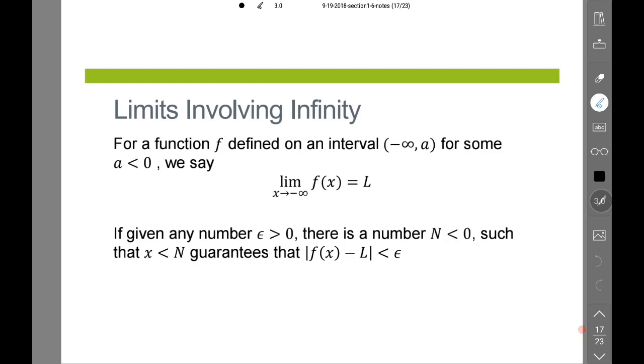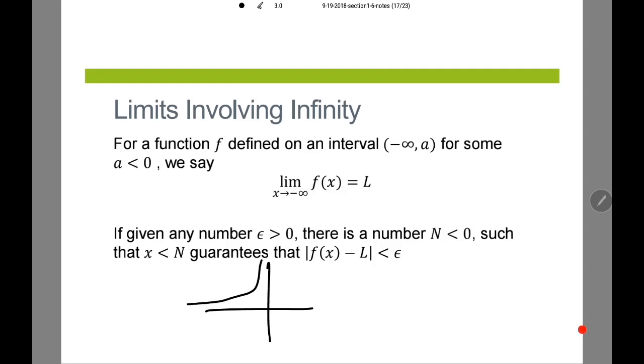The same thing holds true when you go towards negative infinity on your x. This looks a lot the same, except it goes the other way on the graph. This graph will go out here towards negative infinity. You have some value out here that we're going to try to get x less than n, because if we can show that, then we can show that this limit definition will work.